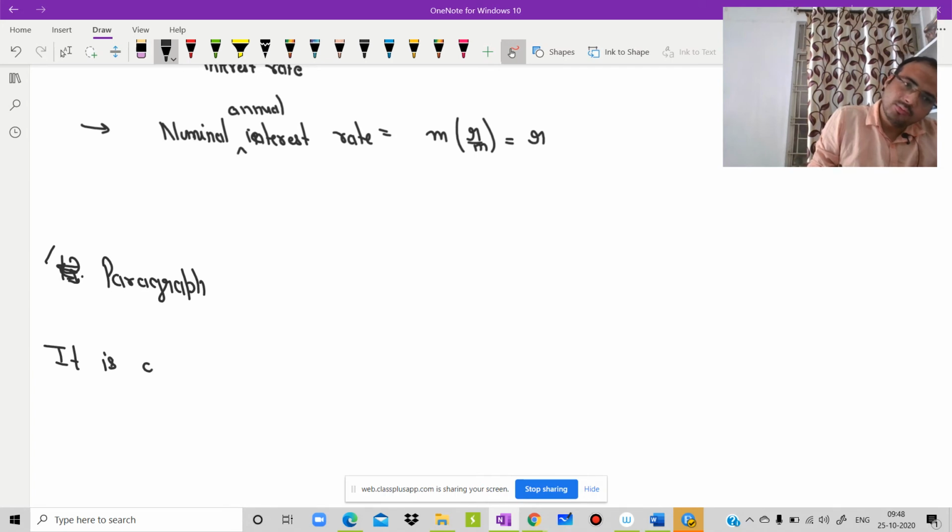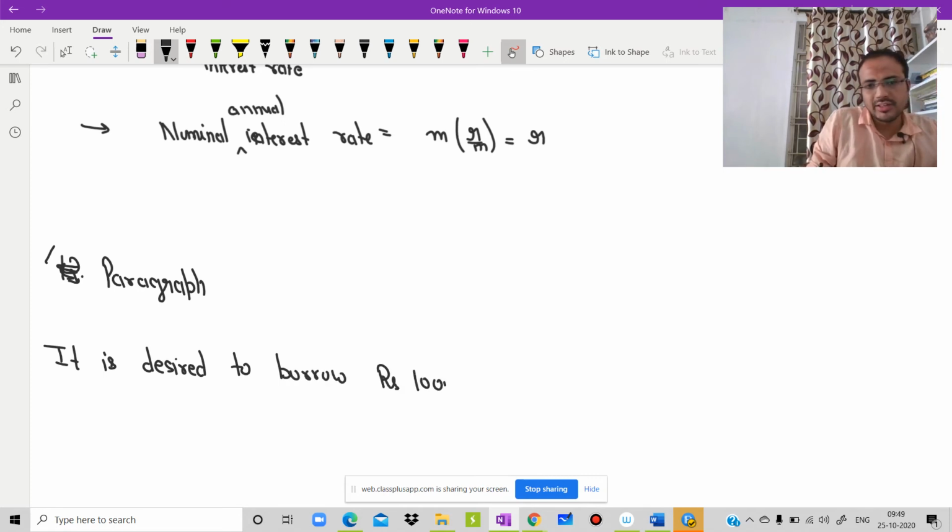It is desired to borrow rupees 1000 to meet a financial obligation.